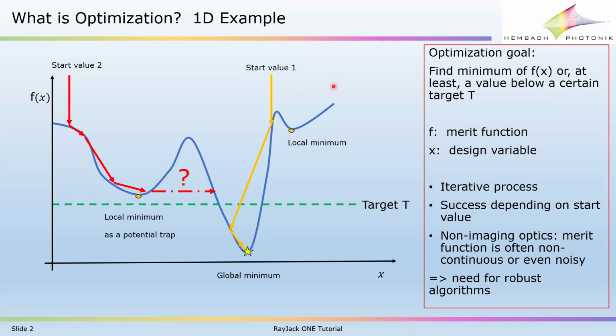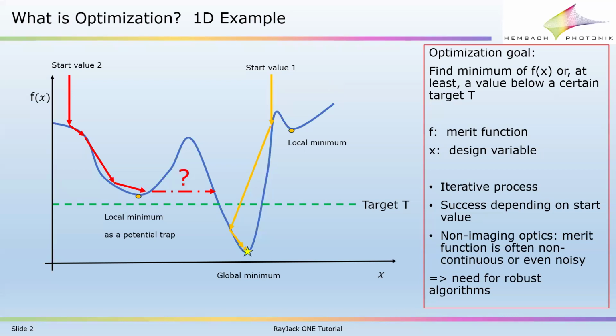In non-imaging optics, the merit function is often non-continuous or even noisy, so that you need very robust algorithms for optimization. In RayJack ONE, optimization is implemented as a Python script, and you can use built-in optimizer solutions or reach out to the internet to find your favorite optimizer.